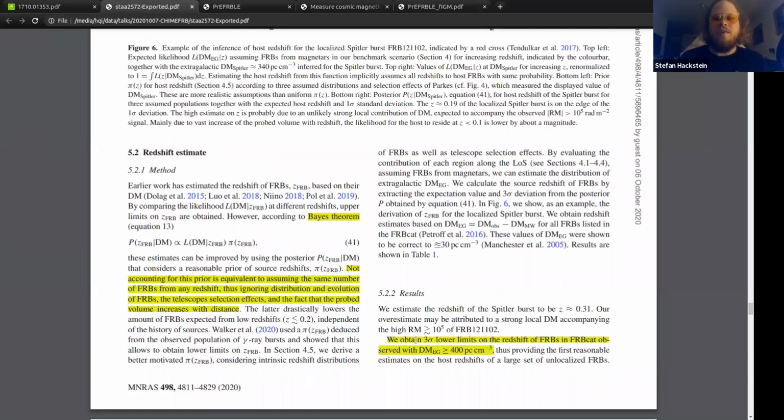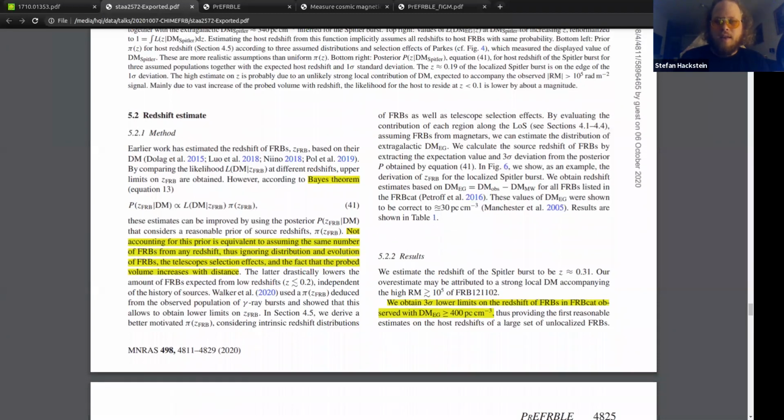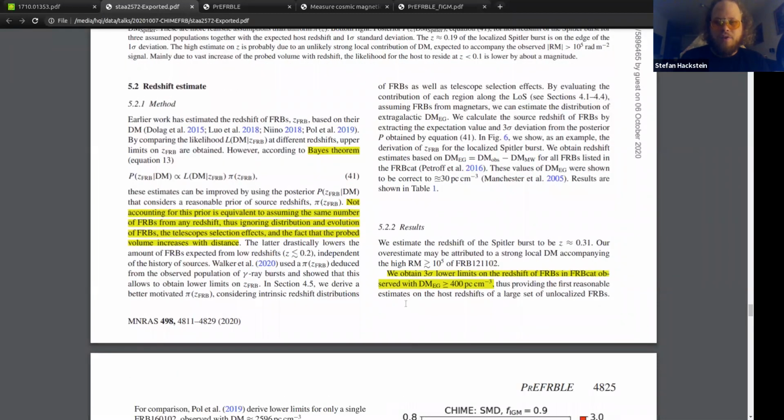And thus, for a sample of fast radio bursts, we can definitely show that some of them do come from cosmological distance. And yes, you can get lower limits which are useful when looking at several fast radio bursts.